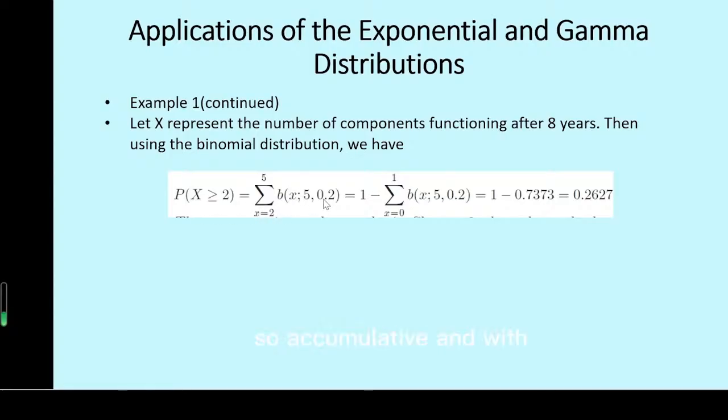It's cumulative, with a success rate of 0.2 in the binomial distribution. So we take a summation from x equals 2 to 5, with success rate 0.2 for this binomial. The result is about 0.2627.